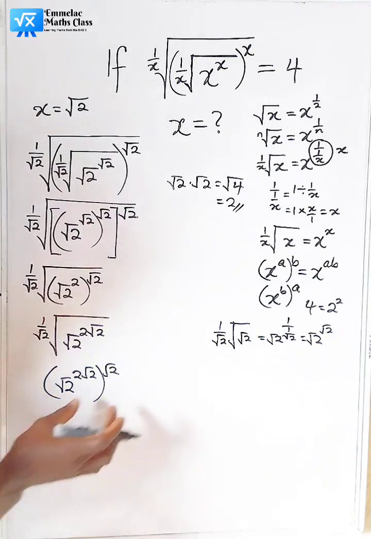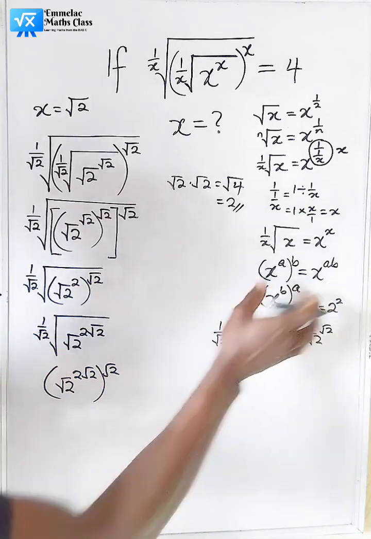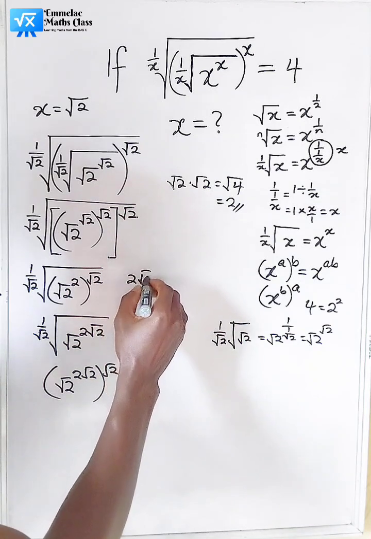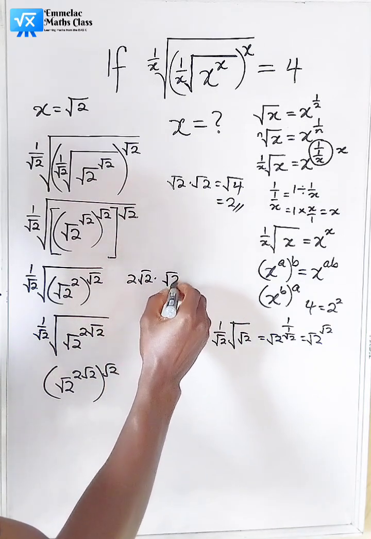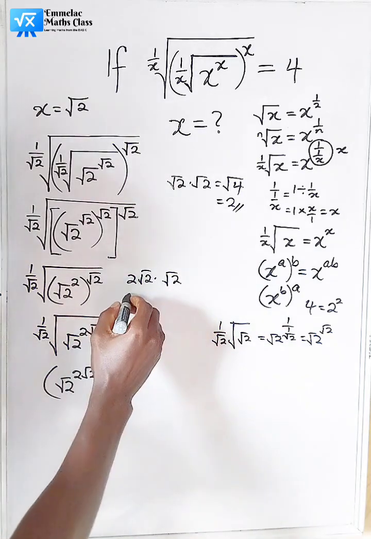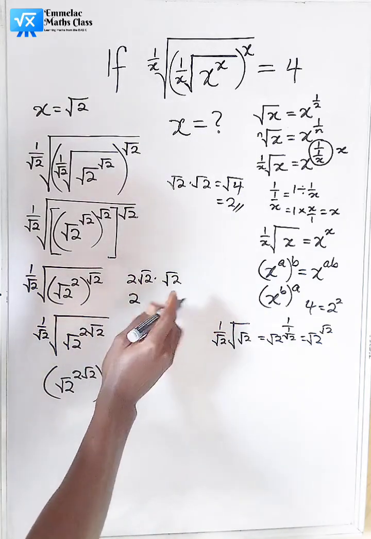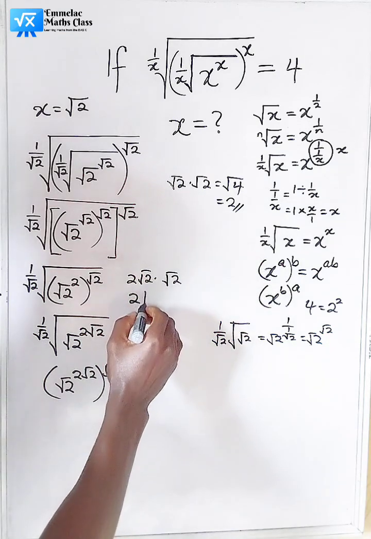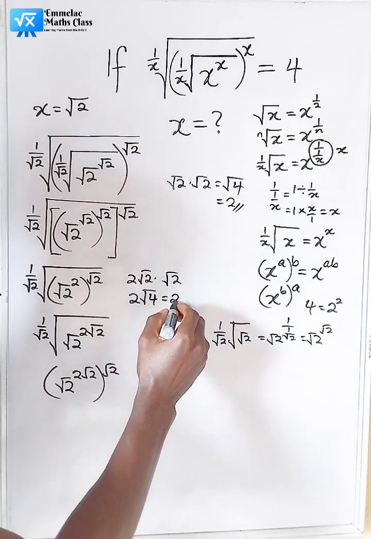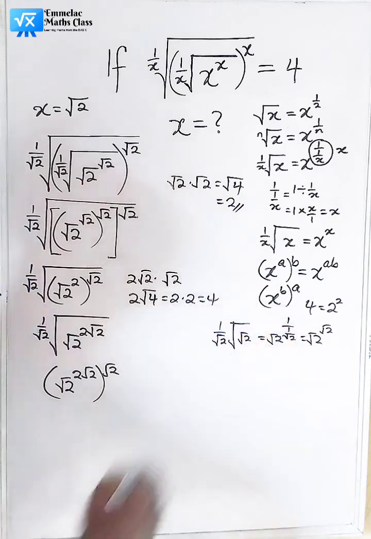Okay, now, abiding by this rule again, here you have 2 root 2 times root 2. It's the same thing as saying 2 times root 2 times root 2. Now root 2 times root 2 will give us root 4, which will give us 2 times 2, which will give us 4.